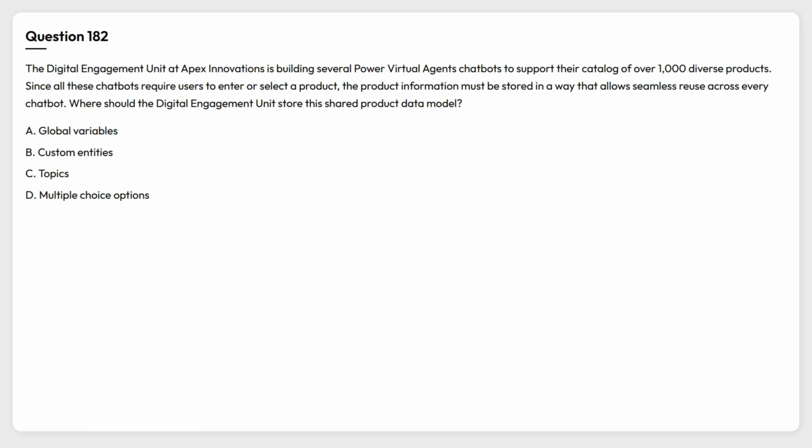Where should the Digital Engagement Unit store this shared product data model? Option A, global variables. Option B, custom entities. Option C, topics. Option D, multiple choice options. The correct answer is option B, custom entities.